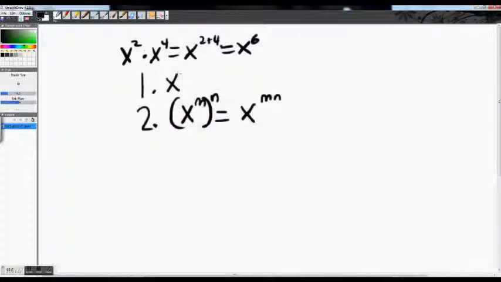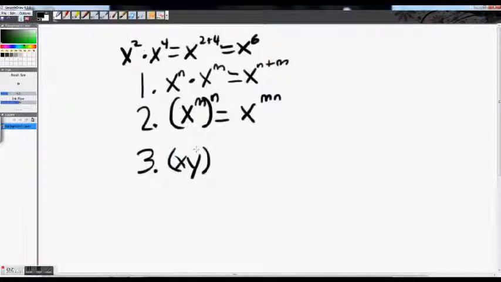Our third rule concerns what happens when we raise a product of two real numbers, x and y, to a power n. The result is this. Our final rule concerns powers of negative 1.